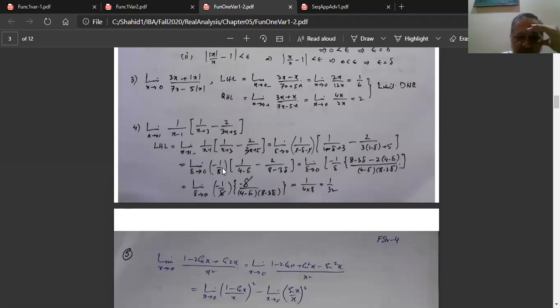And when we consider the right side, which I have not done, x approaches 1 from the right side, we replace x by 1 plus delta and go for calculation. And you will have a different limit when you work out the right hand side.